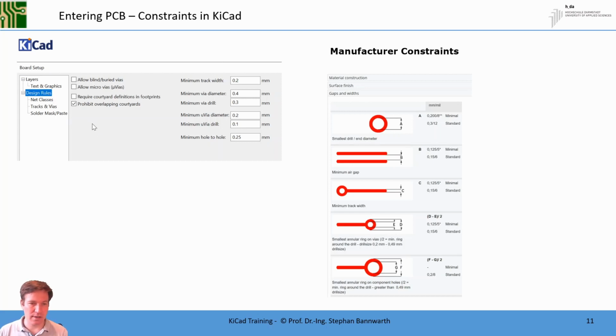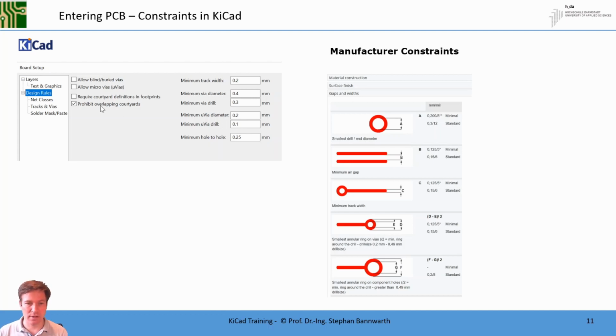Once we have entered this, we click on design rules. Now you see here some checkboxes to be checked or unchecked. We check prohibit overlapping courtyards. This means you have to hold the distances around the different components when you move the footprints. So maybe the component is bigger than the footprint. You have a courtyard around this footprint so that you place the component in a way that it has enough space to be placed.